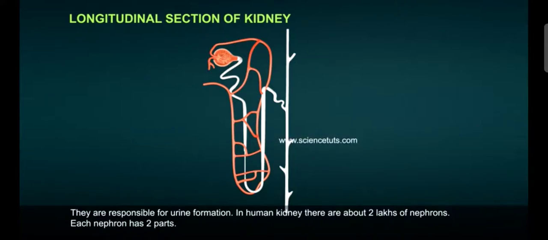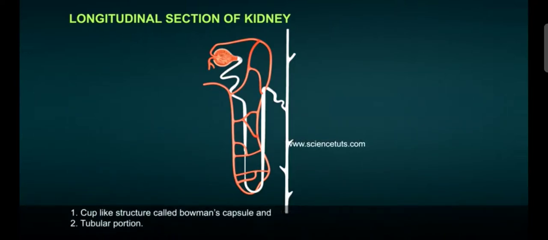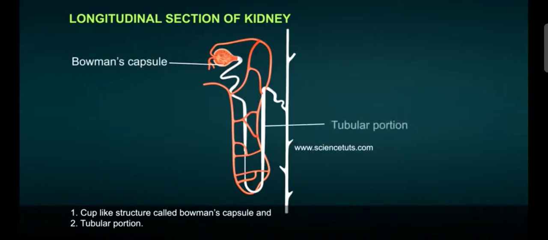In human kidney, there are about 2 lakh nephrons. Each nephron has 2 parts: 1. Cup-like structure called Bowman's capsule, and 2. Tubular portion, figure 19.3.